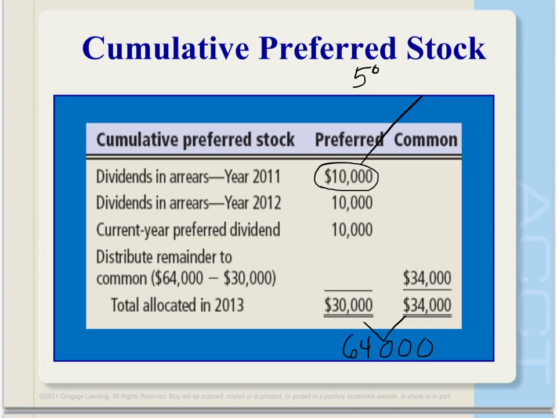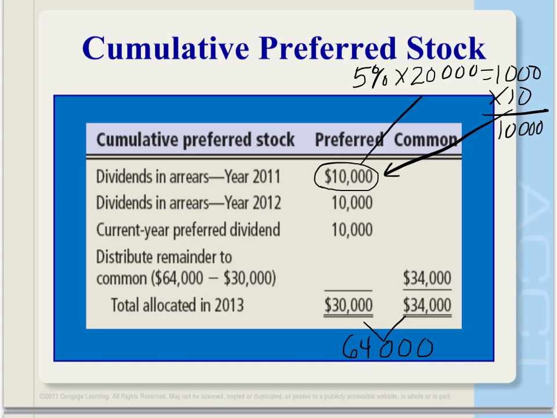We did 5% times the 20,000 shares equals 1,000, times the $10 par gives us $10,000. The other way is $10 times 20,000 shares equals 200,000, times 5% gives us $10,000.